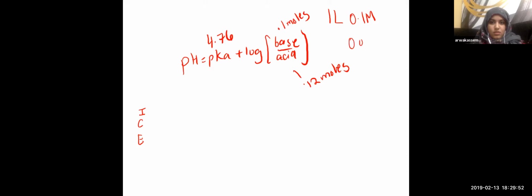We know our pKa is 4.76, our base is 0.1 moles, and our acid is 0.12 moles. If you plug it in like this, you'll get a wrong answer, because the problem says we're adding 0.01 moles of NaOH.